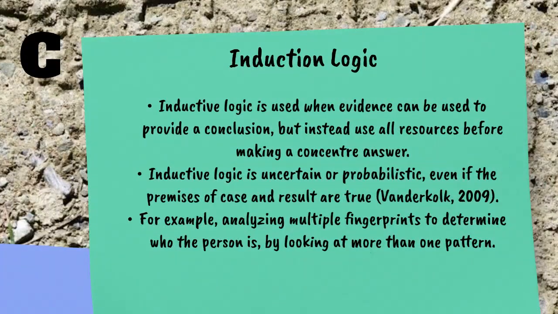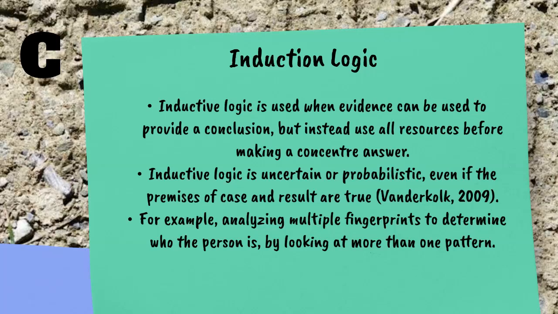As we look at induction logic, it allows us to determine and provide a conclusion. So in induction logic, they look at all possible data, all possible evidence before determining. So for an example, if we're analyzing a fingerprint, we're making sure that we're not only just looking at the fingerprint, we're looking at more than one pattern.